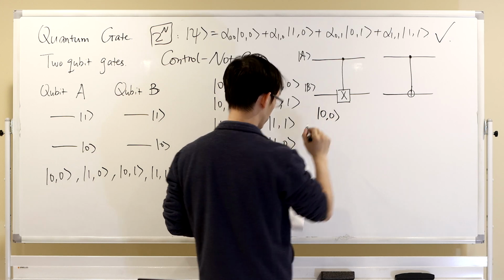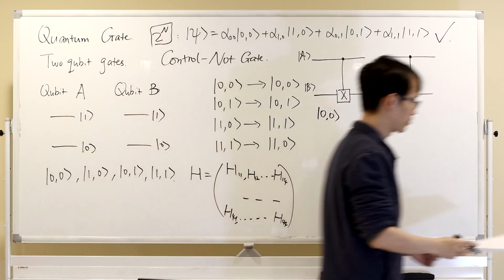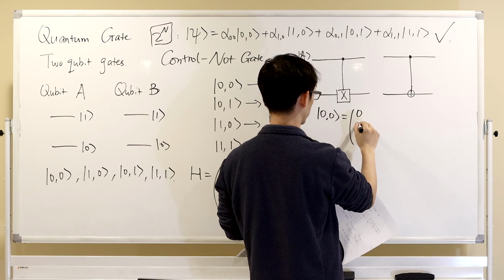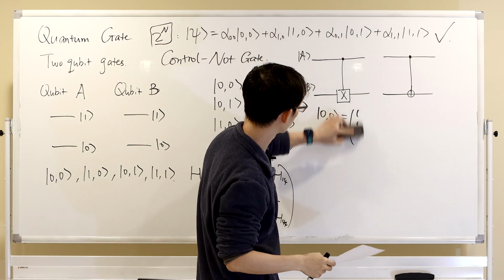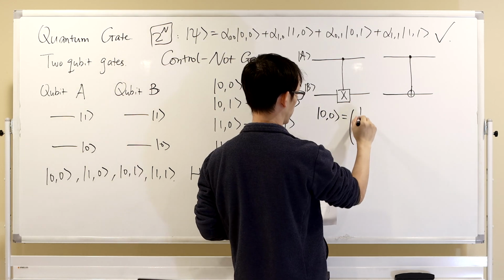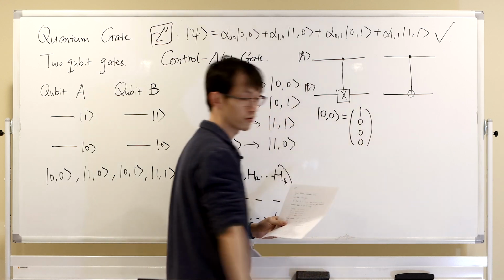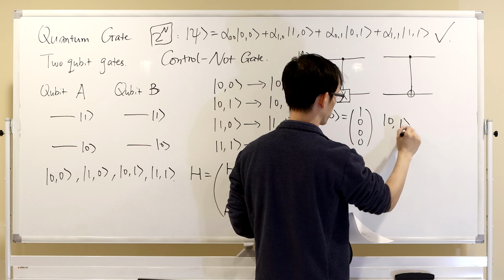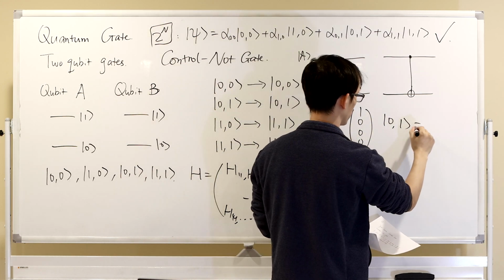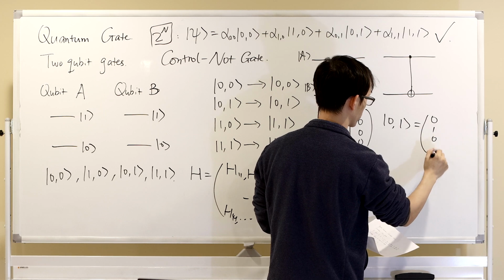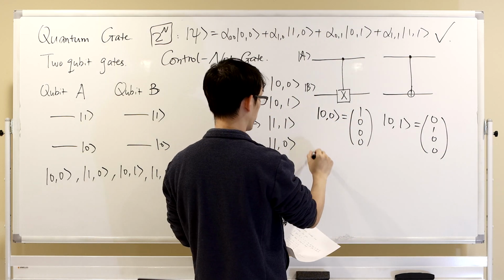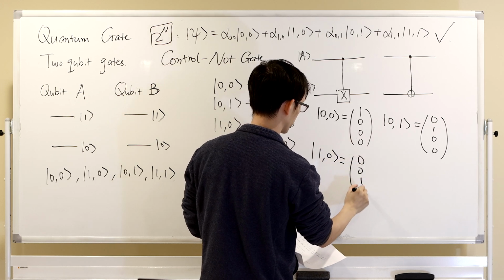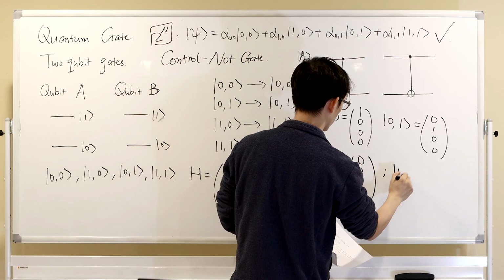Usually, 0,0 is defined as the first vector, so it's 1, 0, 0, 0 in vector form. People prefer to do it that way. And 0,1 is usually the second one, 0, 1, 0, 0. And then 1,0 is the third one, and 1,1 is the final one.